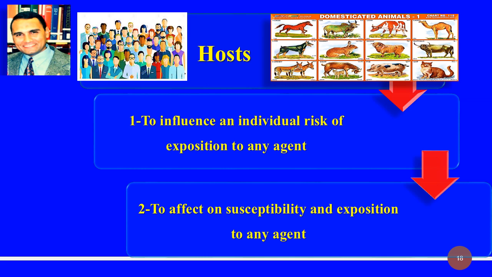Hosts are important to influence an individual's risk of exposure to any agent. This includes different animal species, families, and sexes, as well as different population segments in human beings.